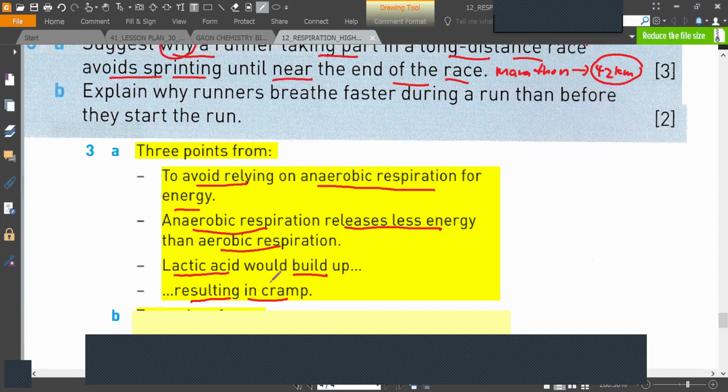B, explain why runners breathe faster during a run than before they start the run. So why are they breathing faster when they start running? This is straightforward.